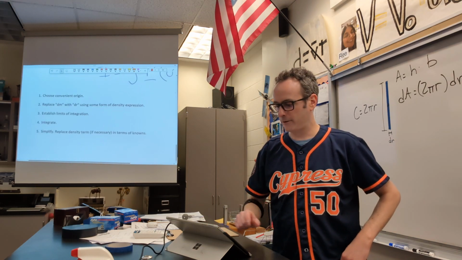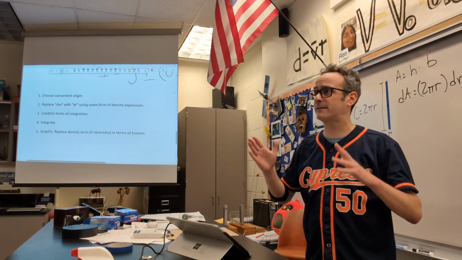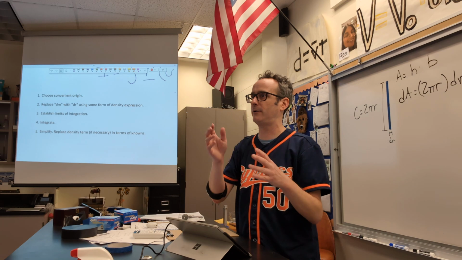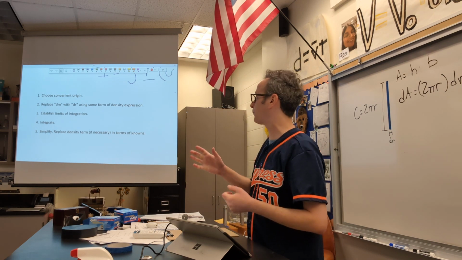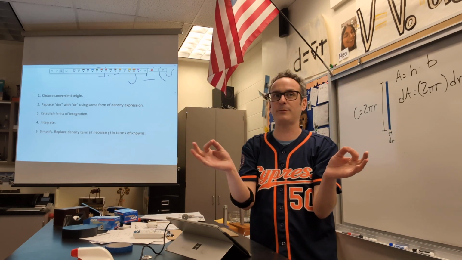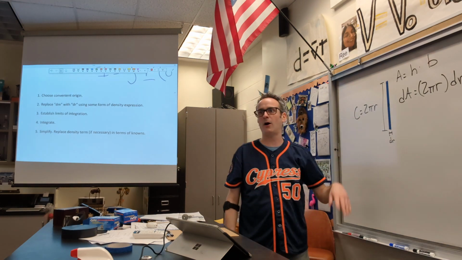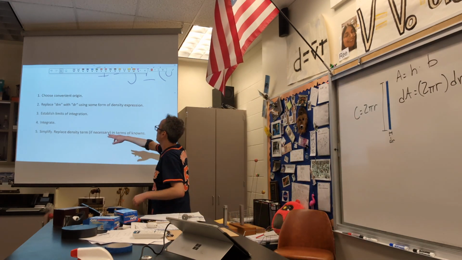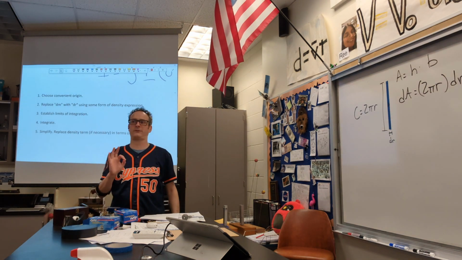So the process here is exactly like the rod. It's just that instead of using little chunks dr and replacing it with lambda, in this case we're using little strips of area dA and replacing them with the circumference and dr. It's always the same shtick. So you want to choose a convenient origin, almost always the center of mass.